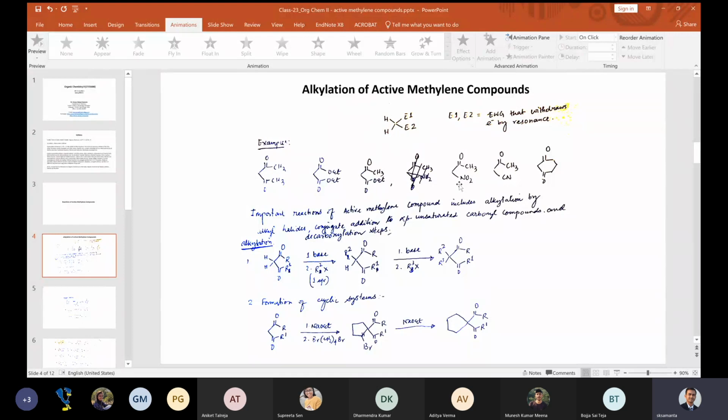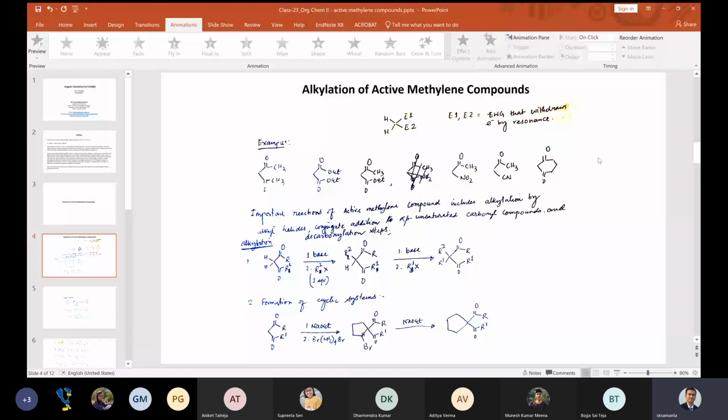So we can also put other compounds such as nitro compound, nitrile, CN compound, or even we can use this kind of cyclic diones, which can also act as active methylene compound. We will see example of this one at least in today's class.